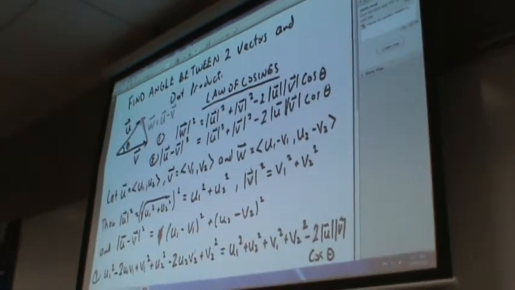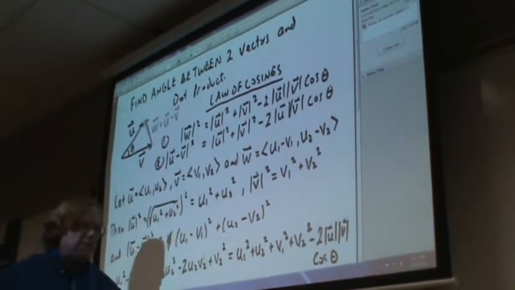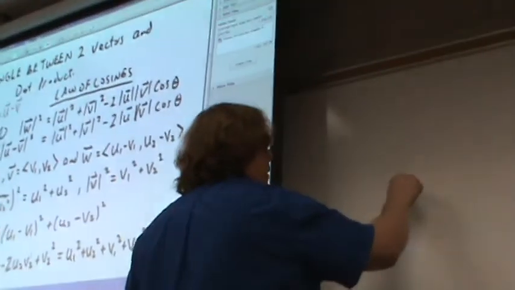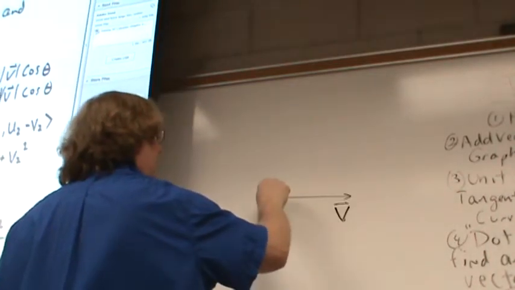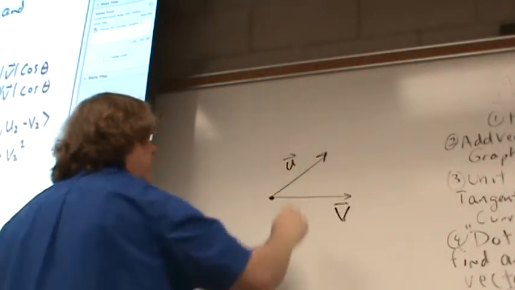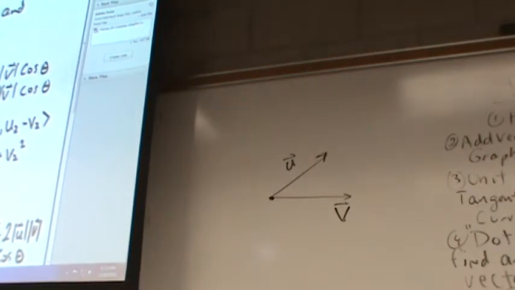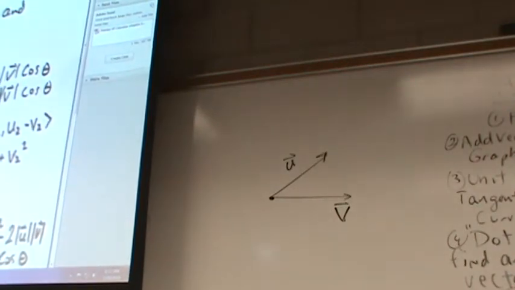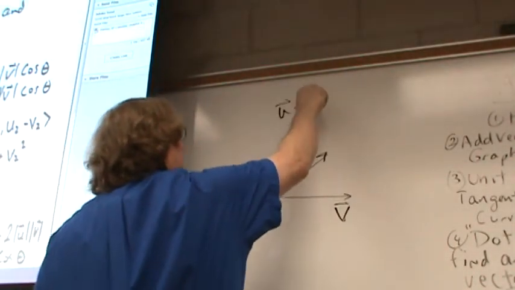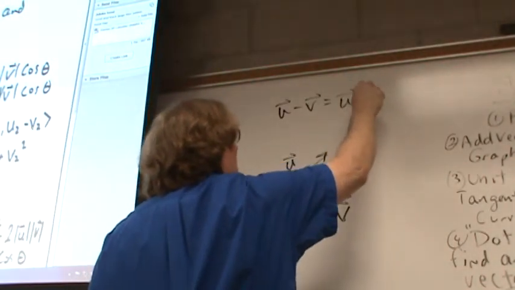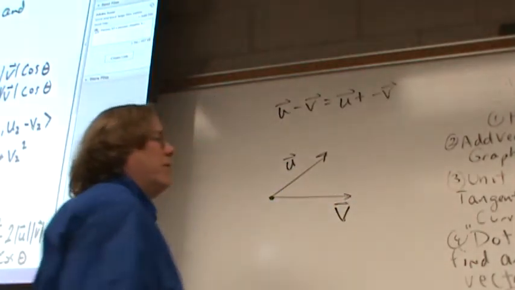I'm hoping it makes sense to you guys that if I've got vector v and vector u and I want to subtract u minus v, well, vector u minus vector v is the same as vector u plus the opposite of vector v.